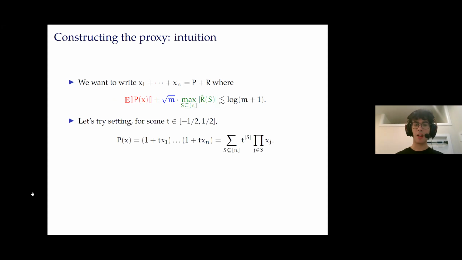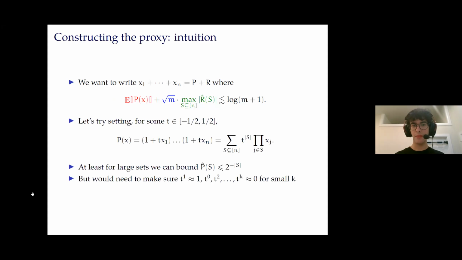So that's almost getting there. For a large set, we can bound this nicely. But the issue is that for small sets, it doesn't work too well. For example, we would need the first power to be around 1 and the other powers to be very small. That doesn't seem to be feasible because there's no real t that satisfies these approximate equations.